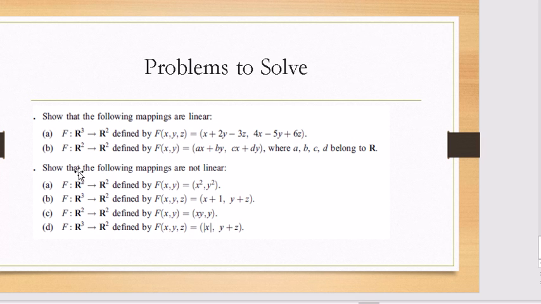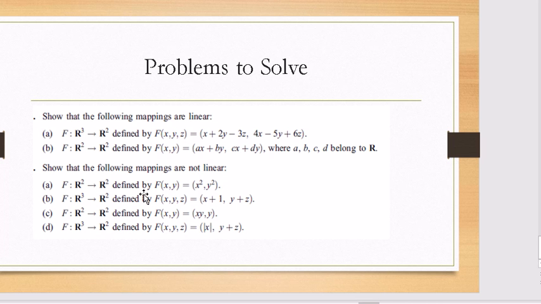So what do we have to do if we want to prove that a certain map is not linear? To prove that a map is not linear, we have to show specific examples of pairs in R2 which don't satisfy the conditions of a linear map.